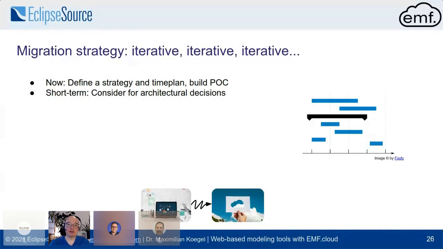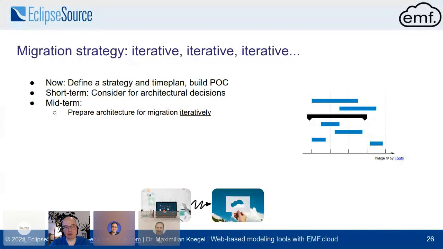So there's a couple of different tools or strategies or tactics to be able to make architectural decisions in a way that they don't hamper your ability to migrate later.